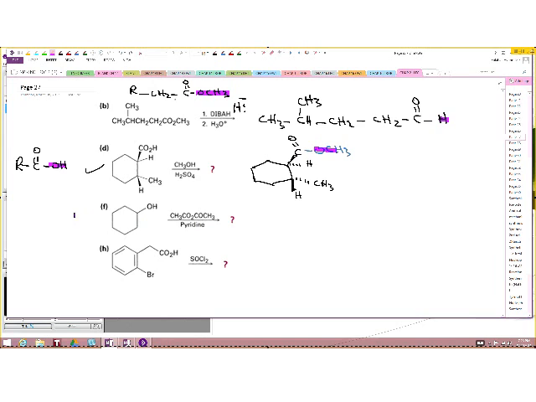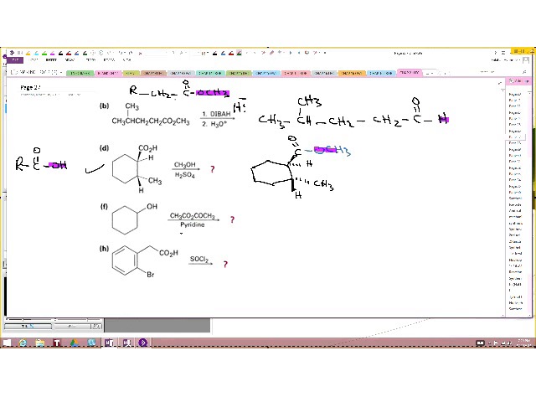About this one, F. We do this couple and then we call it a day. About F, an alcohol, what class of compound is this? This is an anhydride.